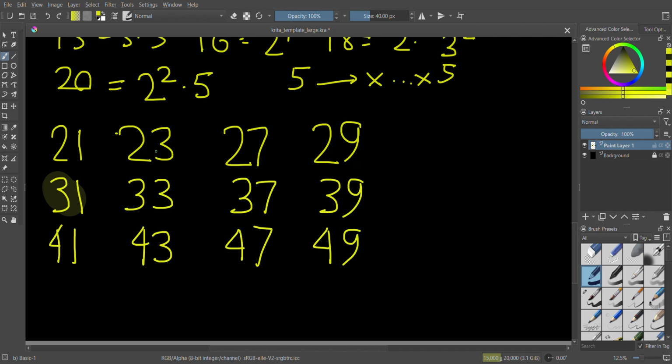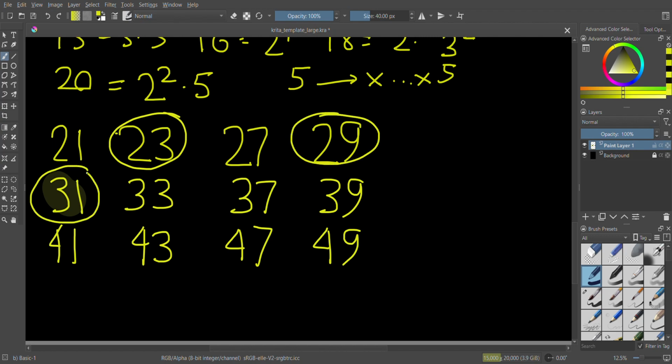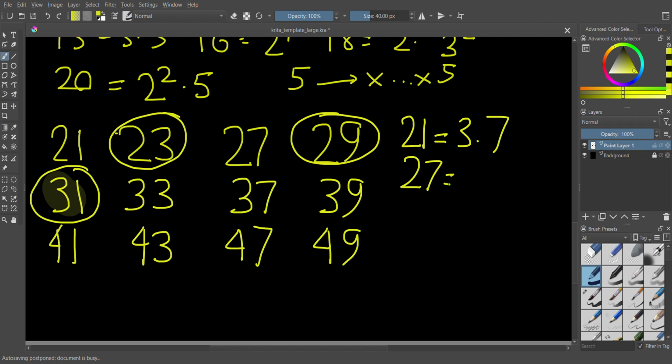All right, so we can see right here, I think it's pretty obvious that 23 is a prime and 29 is a prime, and so is 31. Now 21, we know it's 3 times 7. 27 is 3 cubed.